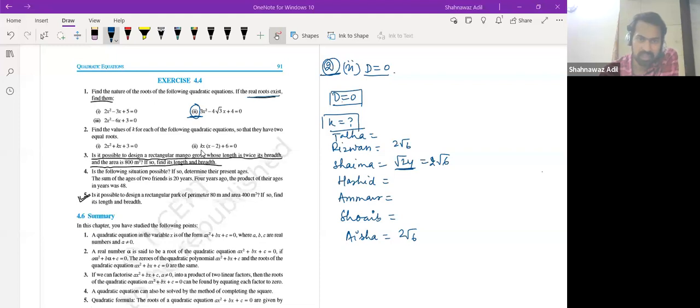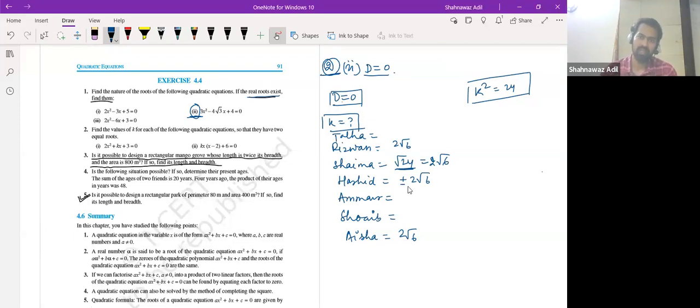Because if it is plus, so plus minus 2, 6. Okay, right. And so did you guys get the equation k square equals 24? Yes, sir.